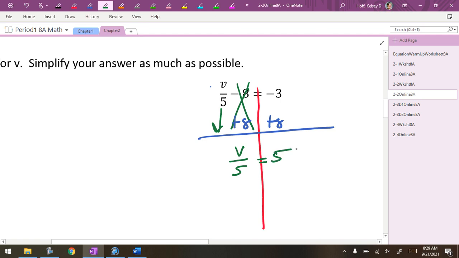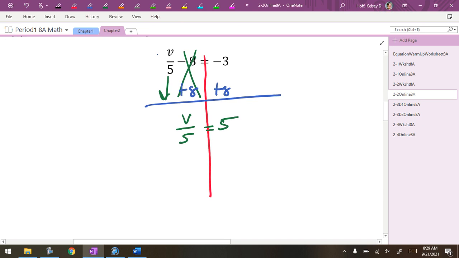All right, Brody, this is different than what we did yesterday. What does this big fraction bar mean in math? Add, subtract, multiply, or divide? Divide. So what is the opposite of division? Multiplication. So in this case, when this is set up like so, we want to multiply by that number on the bottom.